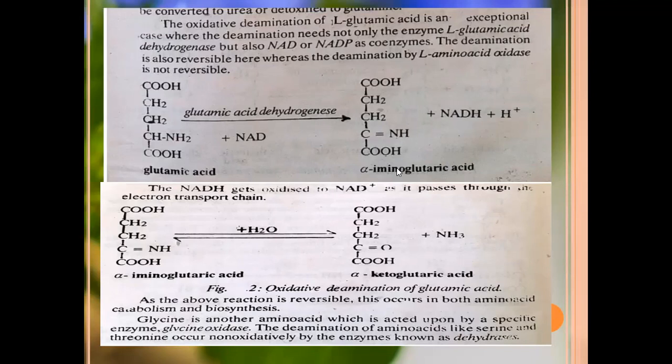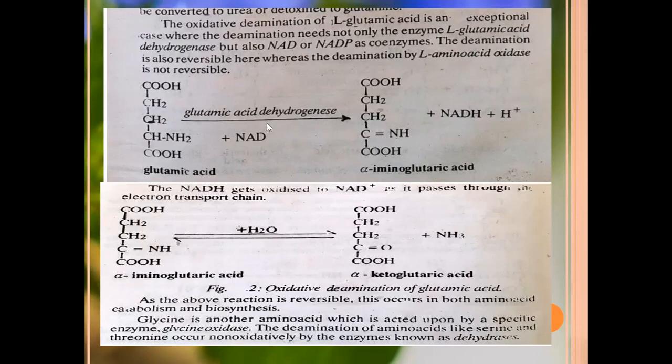In this first step, one NADH plus H plus is formed. It is involved in the electron transport system and formation of ATP, that is oxidative phosphorylation.